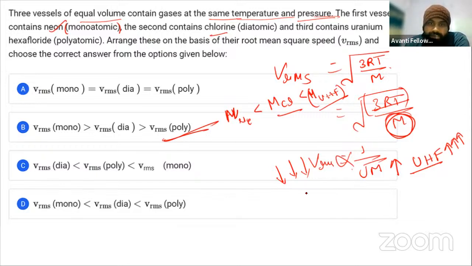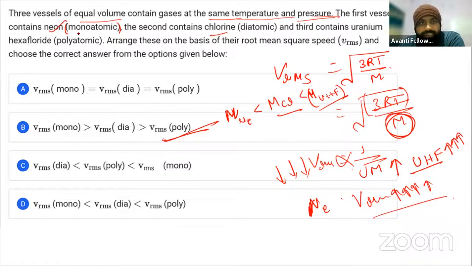So neon has the greater VRMS in comparison to the other gases given. So VRMS for monoatomic is greater than VRMS for diatomic, which is greater than VRMS of polyatomic. Okay, got it? So option B is the correct option.